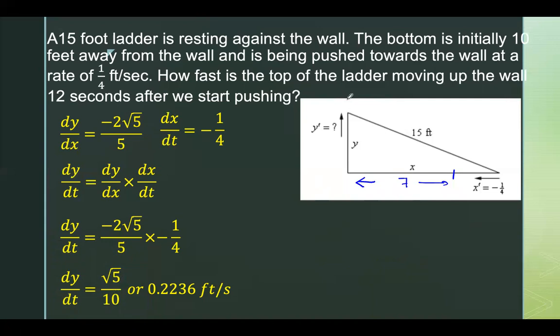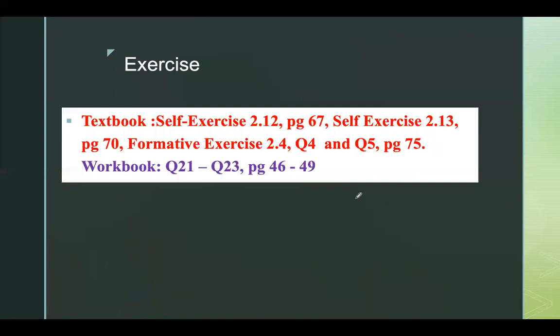So the question asks what is the rate going up when x equals 7. After 12 seconds, it moved 3 meters from the original, so x becomes 7 here. Therefore, it's 0.1319.